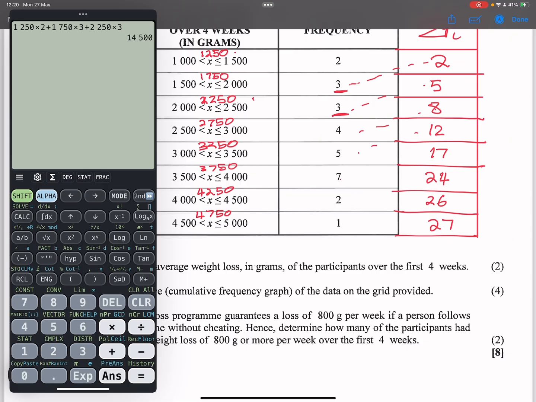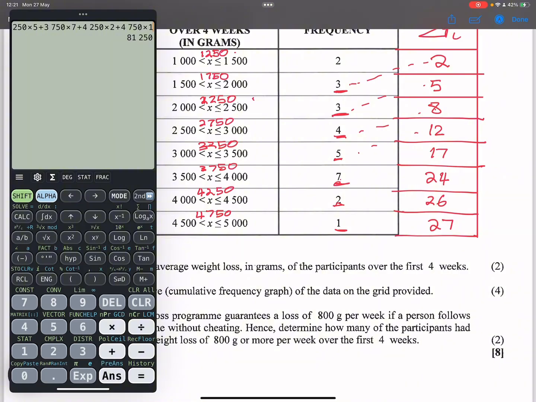And I add 2750 multiplied by 4, plus the 3250 multiplied by the 5, plus we've got 3750 multiplied by the 7, plus I've got 4250 multiplied by the 2 again, plus the 4750 multiplied by the 1. All right, so we have used all of those values, right?